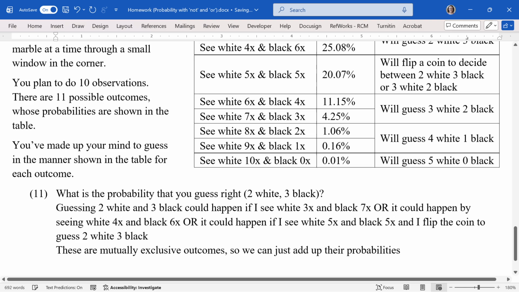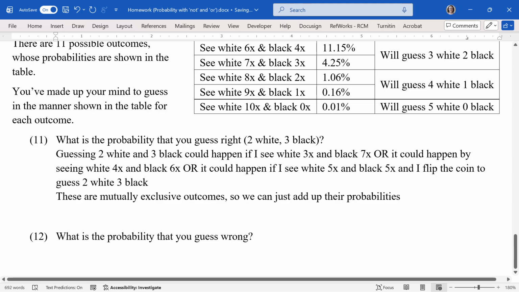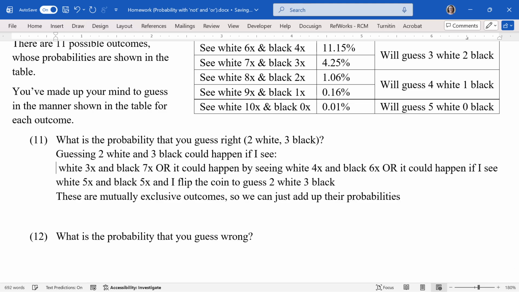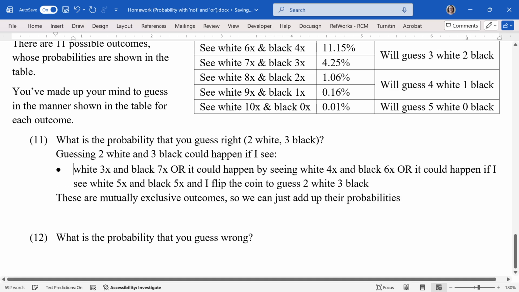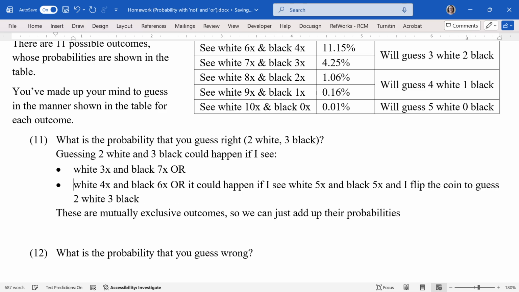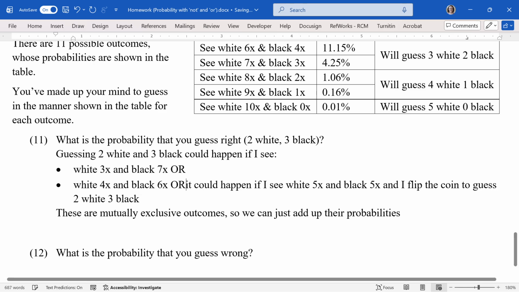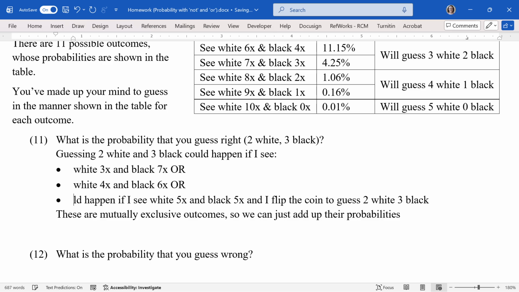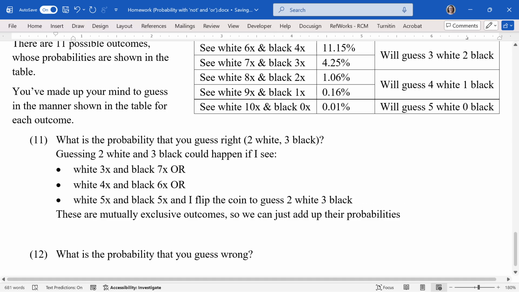Let me organize this a little more, maybe with some bullet points. So if I see white 3 times and black 7 times, or white 4 times and black 6 times, or white 5 times and black 5 times, and I flip the coin to guess 2 white, 3 black. Okay, so I need the probability of these 3 things.